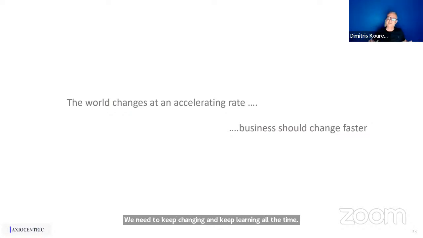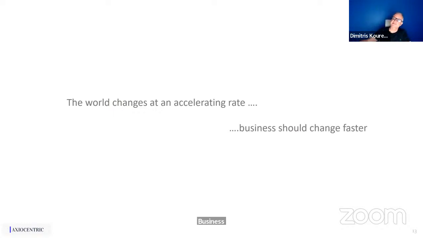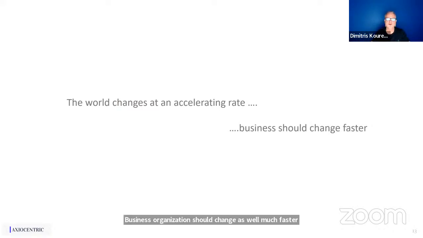So to close this first part, exactly because the world changes at an accelerating change rate, business organizations should change as well, much faster than ever before. So why do we need transformation? I think that's probably the easiest question to answer.